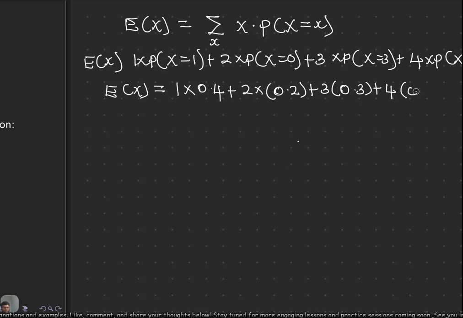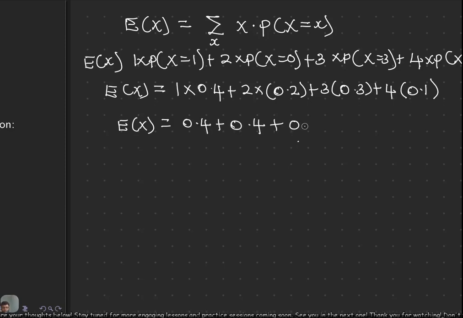So our expected value is going to give us 1 times 0.4, which is 0.4, and then 2 times 0.2, which is 0.4 as well, then plus 3 times 0.3, which is 0.9, then 4 times 0.1, which is also 0.4.